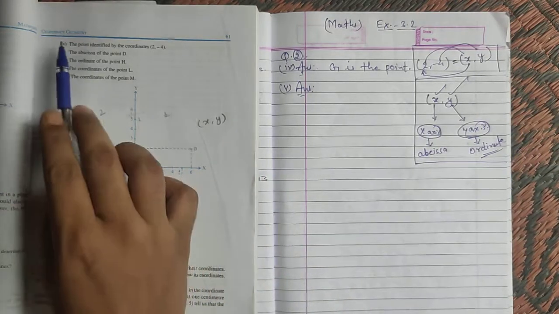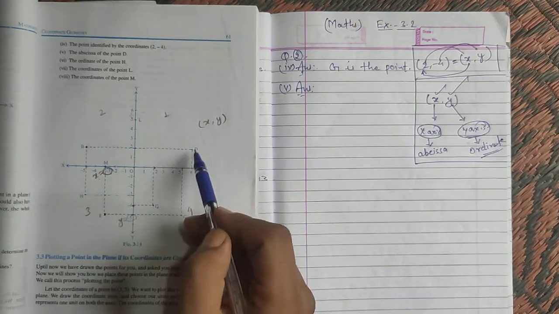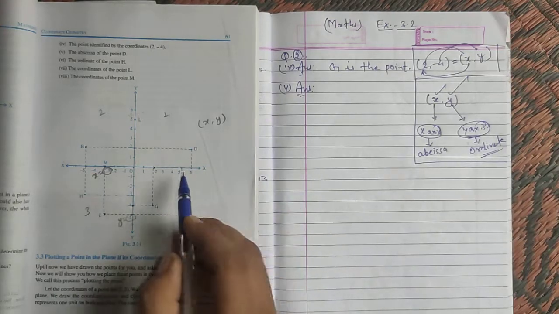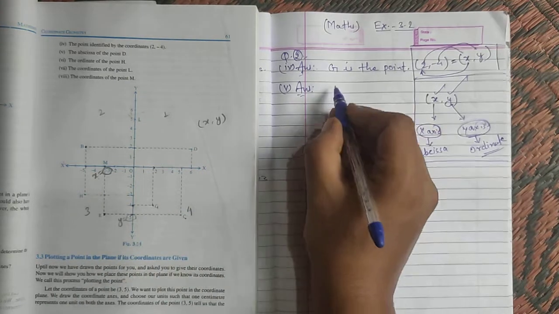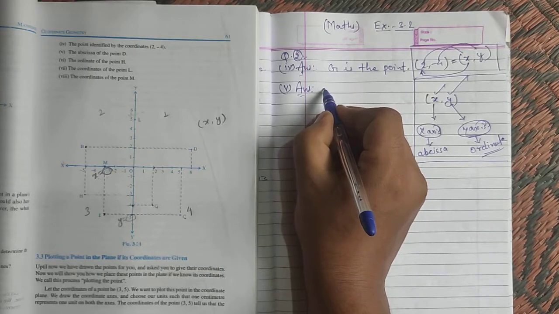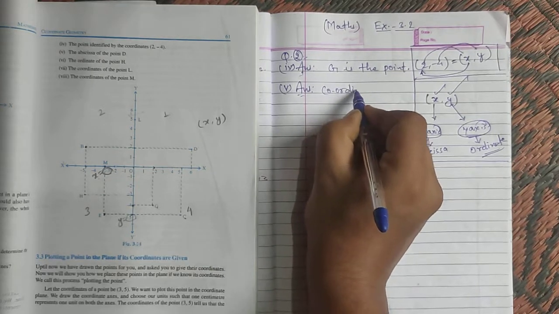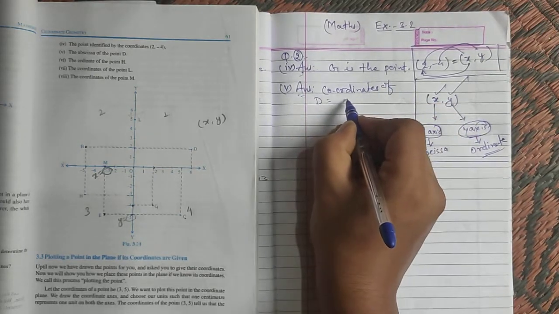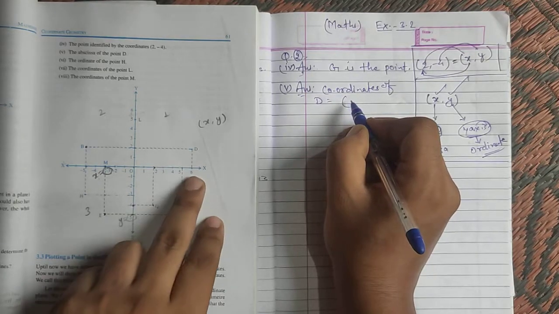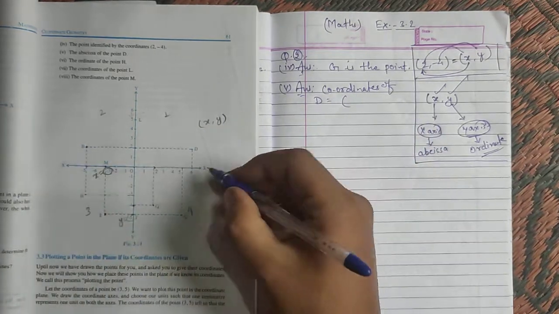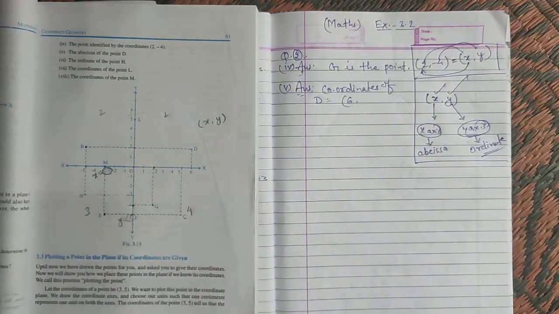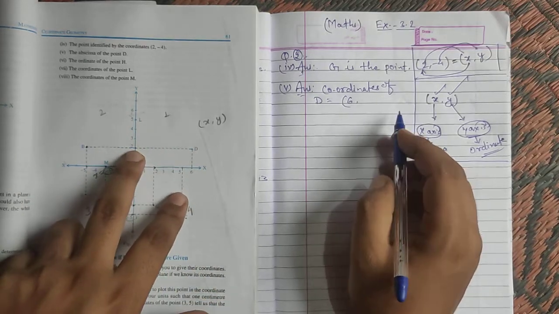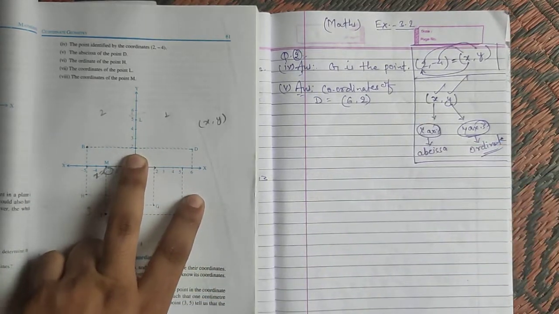So in question 5, the abscissa of point D, where is the point D? There. The coordinates of the point D: x is 6, which is positive. So firstly we have to write coordinates of D equal to, and in the place of x we put 6, and in the place of y, D is at 2, so we write 2.